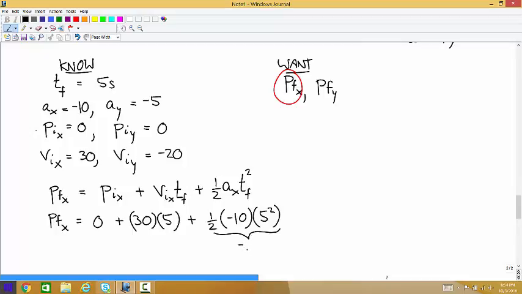So this one's negative 125. This one's positive 150. And so PFX is positive 25 meters.